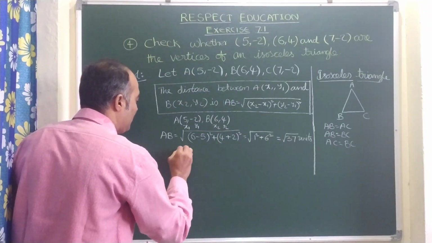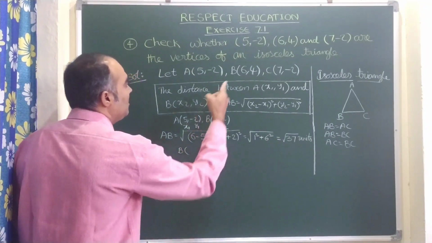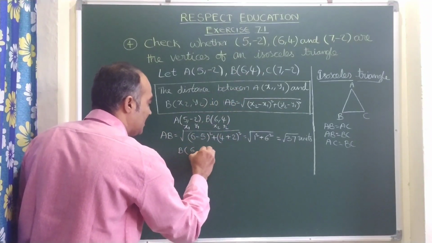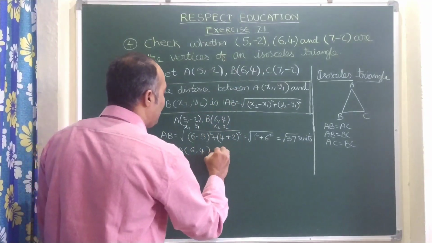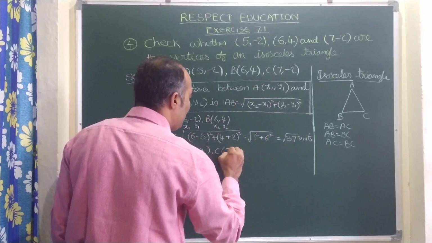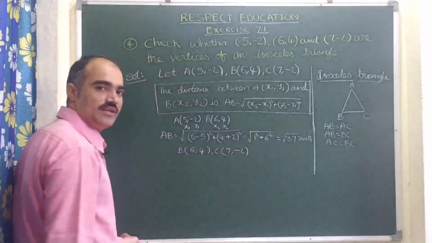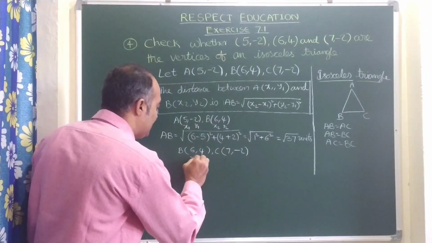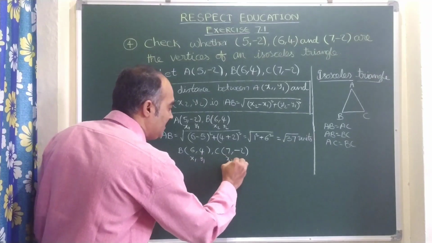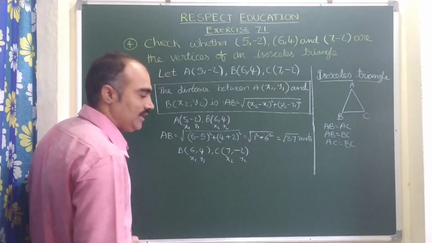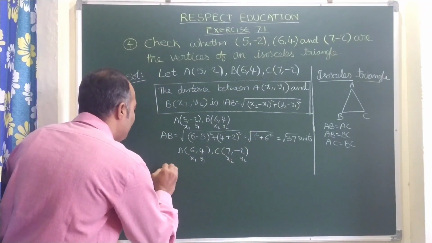BC. For that I am writing B as 6 comma 4, that is x1 comma y1, and C as 7 comma minus 2. Here again this is x1 y1, C is x2 y2. Now I am finding BC.